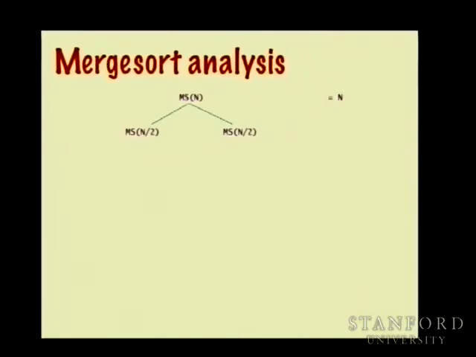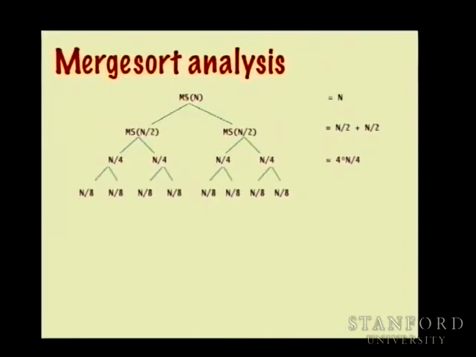Well, if I look at each of those calls, I can say they contribute n over 2 and n over 2 on each side. So this one has n over 2 copy and merge, and this one has n over 2 copy and merge. And so in effect, I have another n there. And then this level looks at the n over 4, which has 4 n over 4 components, so that at each level in the tree, every element is being processed in one of those subcalls.